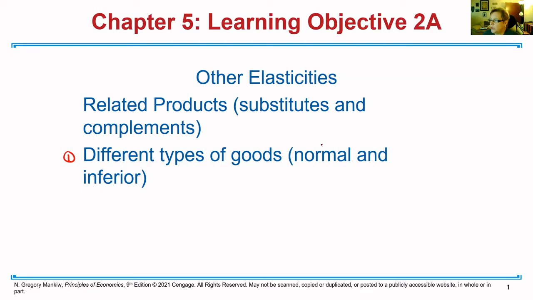Remember that normal goods were goods like name brands. They were new to you. Maybe mall as opposed to Walmart kind of stuff. Inferior goods were store brands, used goods, or off-brand.